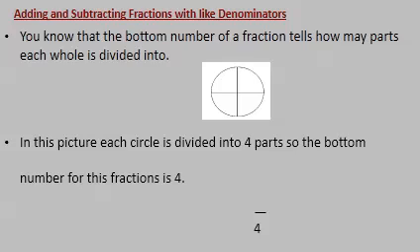So any fraction you're going to represent, it's going to be out of 4. So for example, if you colored this part, then the fraction is going to be 1 over 4. So it depends on what you need to color, but you have to know that the denominator is the bottom number, and it tells how many parts each whole is divided into.